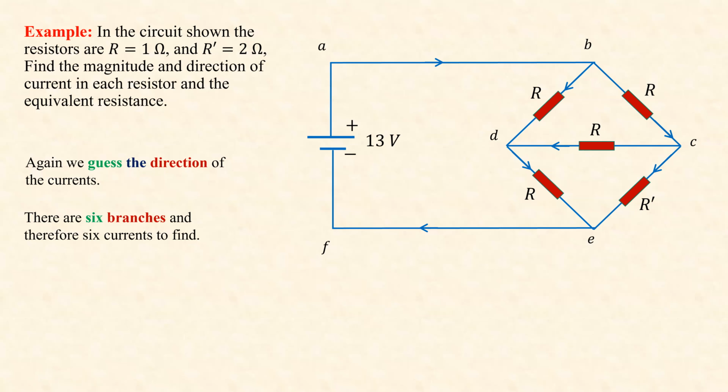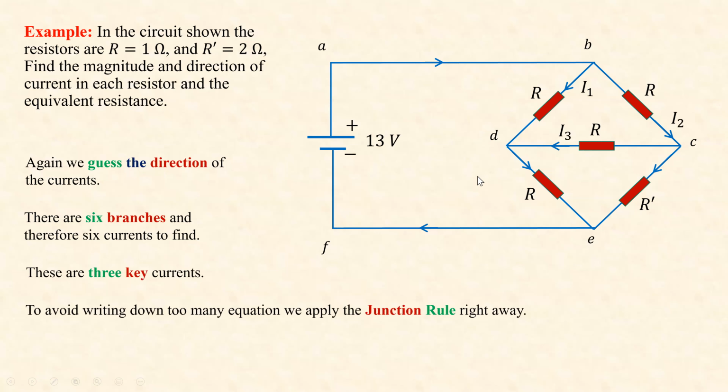And then there are 6 branches. You see this is one branch. 2, 3, 4, 5, 6. 6 branches. Therefore, there are 6 currents. All right. And we have 3 key currents. You see, if you know this one and this one and this one, then we can know the other ones from the junction rule.